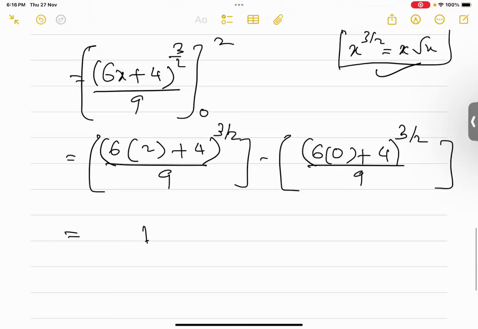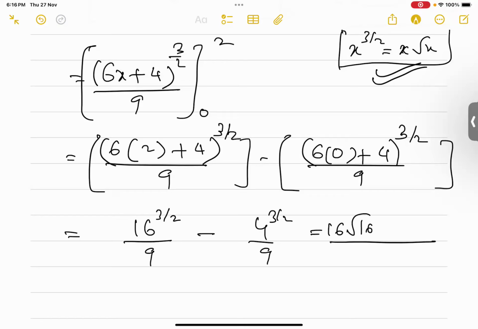12 plus 4 is 16, and this is 4 raised to 3 by 2 upon 9. Now use this concept: 16 raised to 3 by 2 is 16 root 16, and 4 raised to 3 by 2 is 4 root 4. X raised to 3 by 2 is x root x.